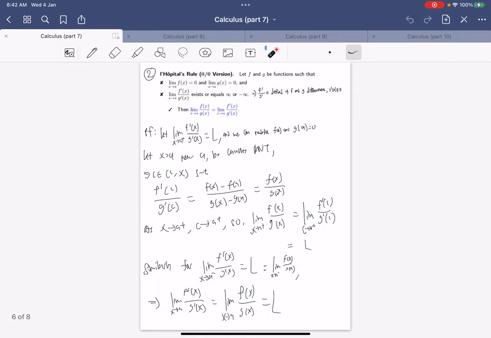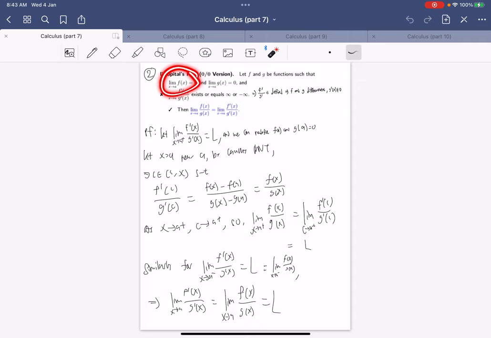And with that, it comes with the 0 over 0 version of L'Hopital's rule, where now we take the limit. Actually, we do need it to be differentiable, but we don't need F(a) to equal 0 at the point.